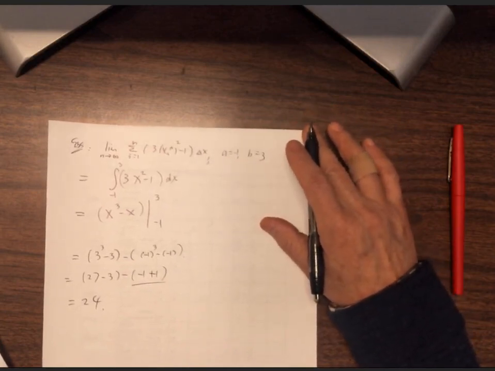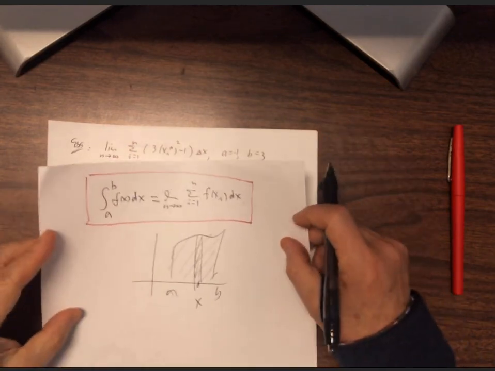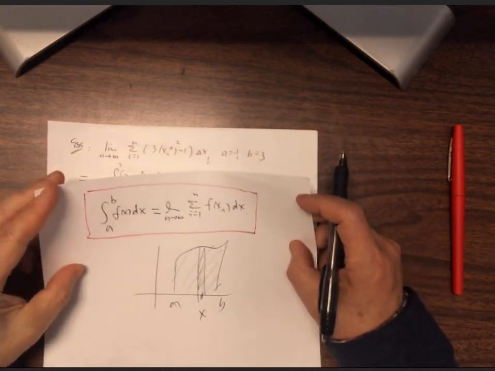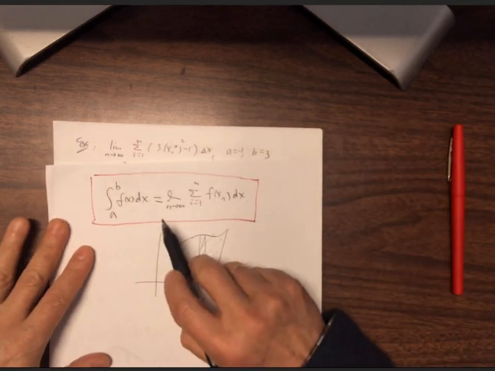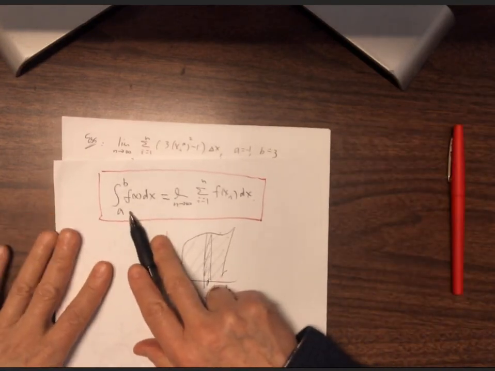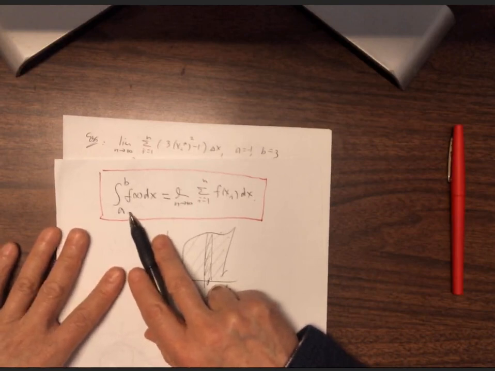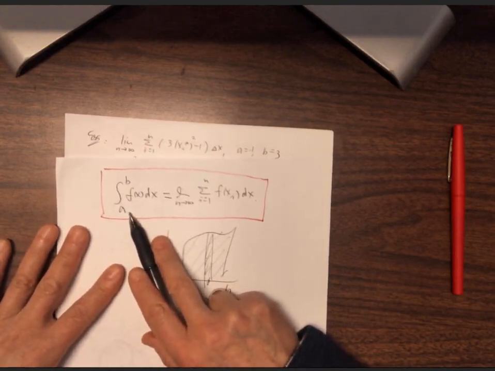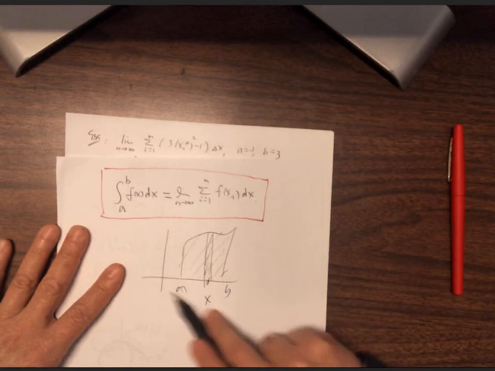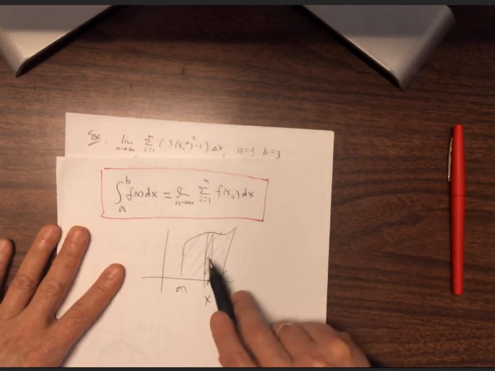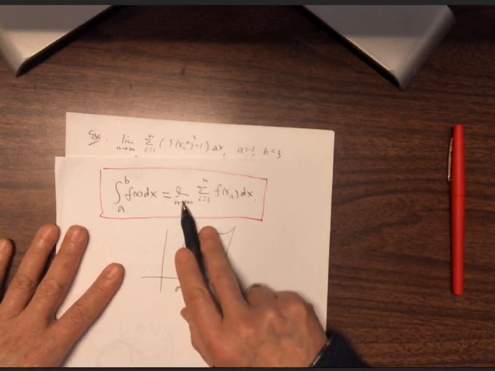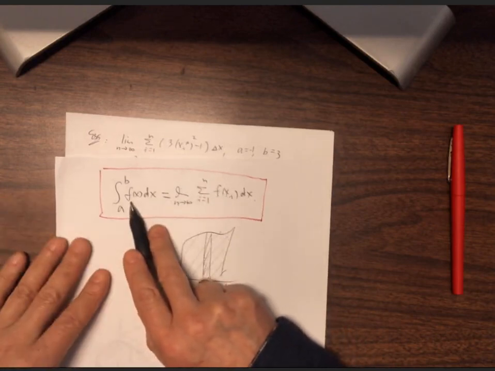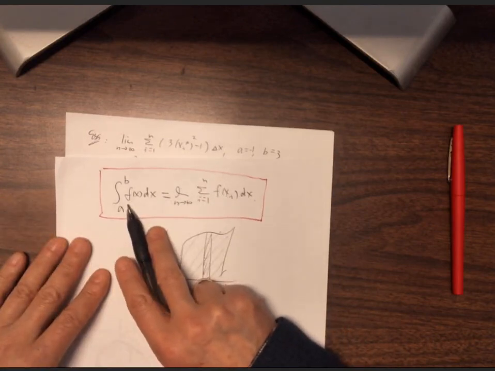Now, before we see additional Riemann sum applications, I want to comment on this new expression we called the definite integral. Of course, we started out with area computation, created a Riemann sum, took a limit, then called it a definite integral.